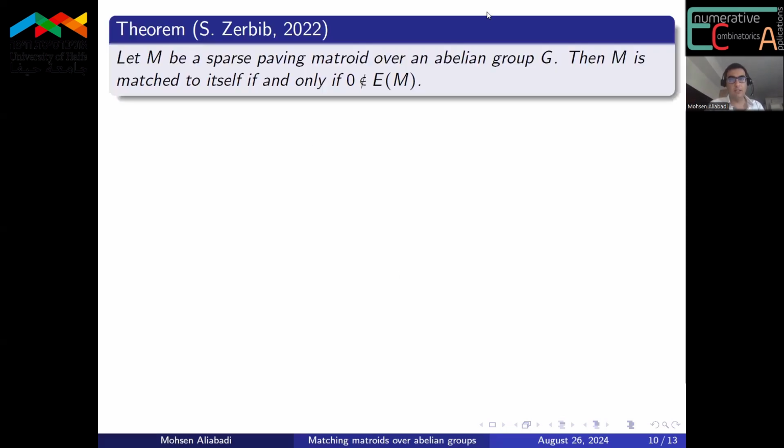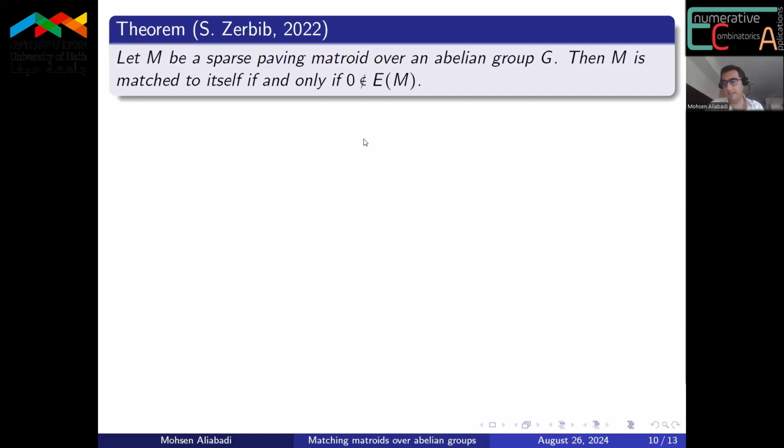And our first result concerns matching in matroids in the symmetric case. Dealing with a sparse paving matroid over an abelian group, M is matched to itself if and only if the ground set of M does not contain the neutral element of the group.